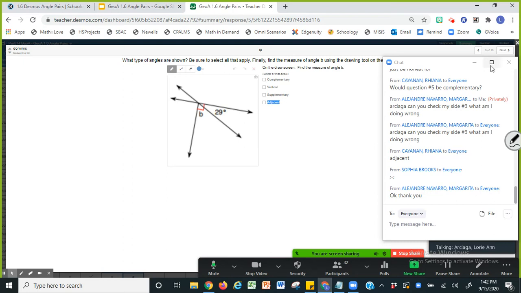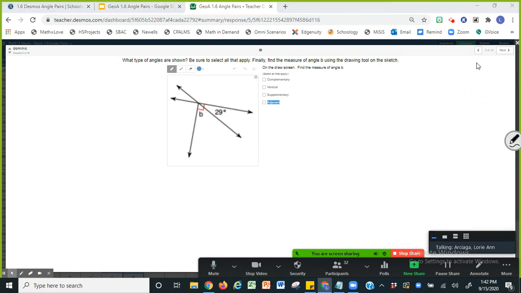So find the measure of angle B using the drawing tool on the sketch. If you see this red symbol over here, it means it's a right angle, so they equal 90 degrees. What do you call two angles that add up to 90 degrees? Complementary. Yeah, so put a check mark on that.